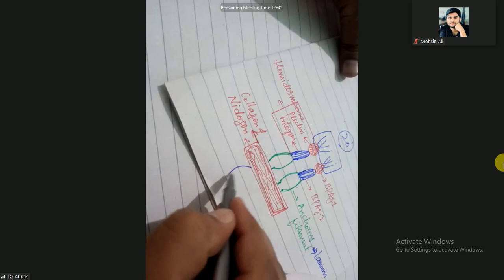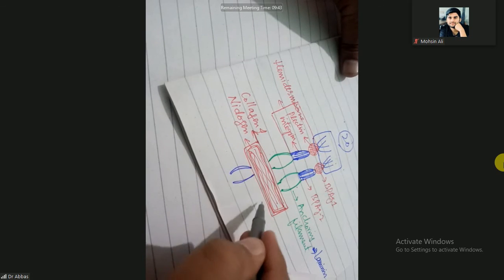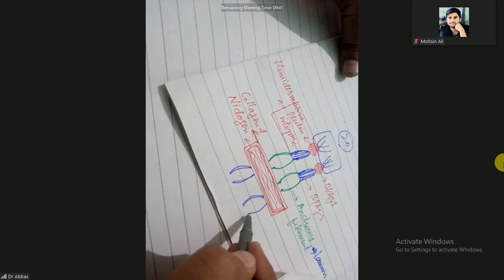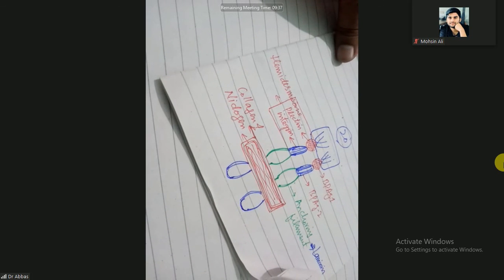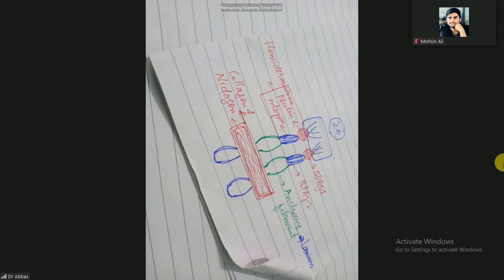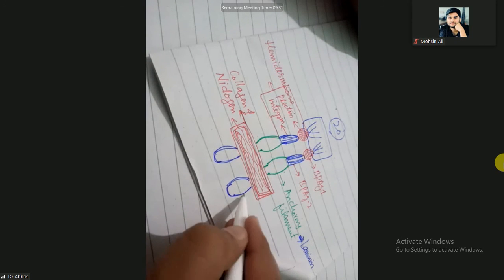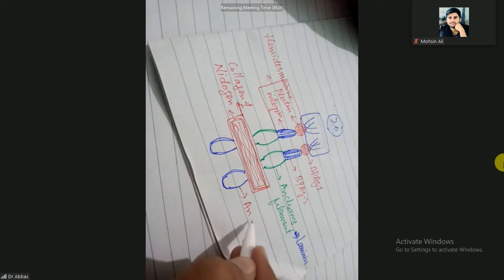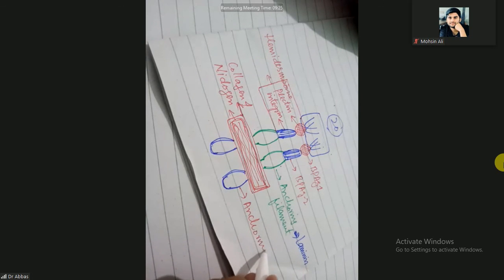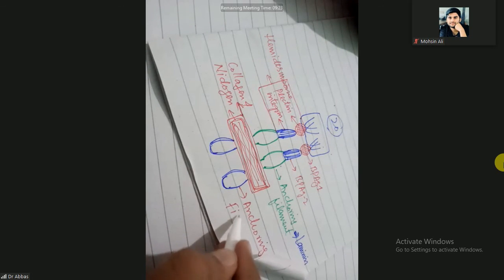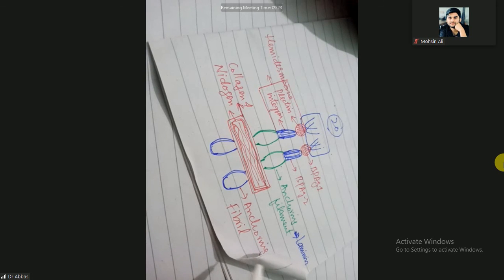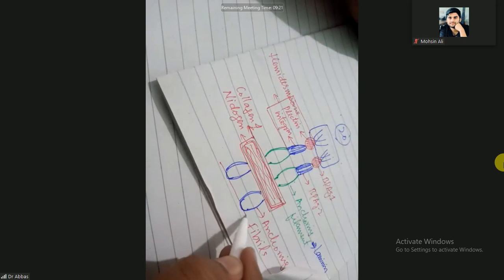And lower to that are again the anchoring fibrils, not the filaments. Okay. These are the anchoring fibrils. And lower to that is the dermis.